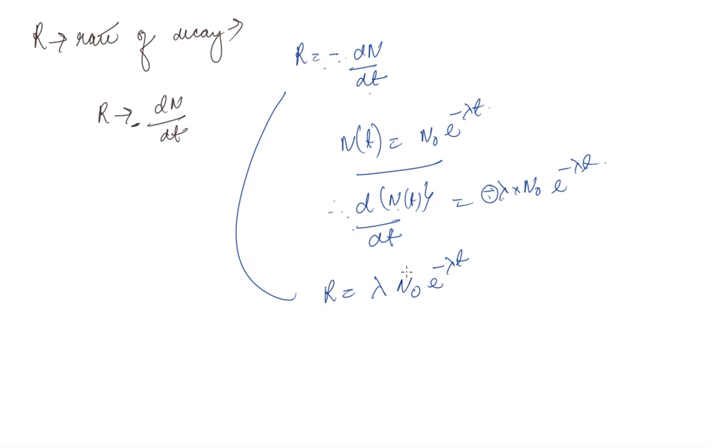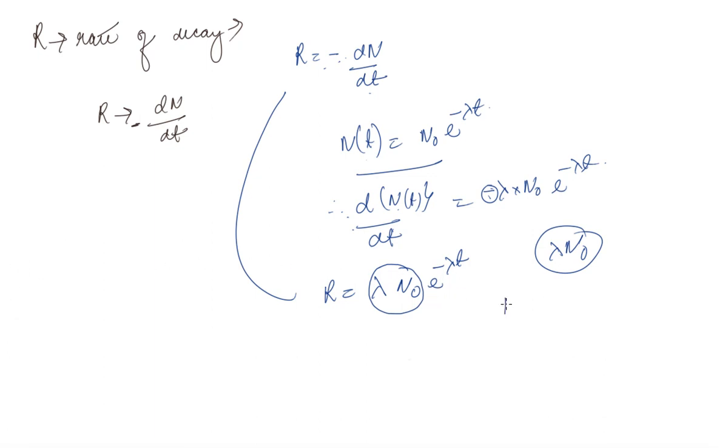What is this particular quantity? If you look at lambda into N naught, this was the initial condition. So the rate of decay is R equals lambda N naught e to the power minus lambda t. Sorry, I just wrote one step extra.